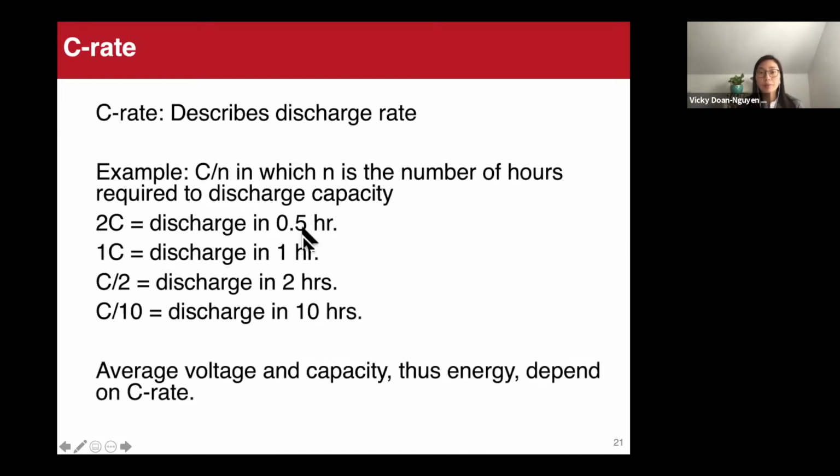That's extremely fast. C over 2 means you discharge, or lithiate or charge or delithiate, fully in 2 hours. C over 10 means it's going to take you 10 hours to discharge or lithiate. And of course, the amount of capacity and energy that you can achieve does depend on which C rate you're operating at. And we'll go into detail in a little bit as to how this is the case.